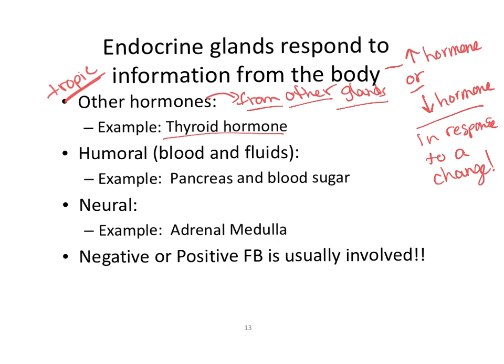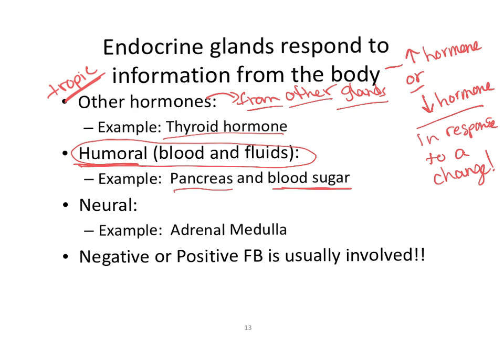Other endocrine glands will respond to things that are changed in your blood. And we call that humoral, because humors is an old-fashioned word that means blood. So blood sugar, okay, sugar's not a hormone, so we can't say it's tropic. Blood sugar causes the pancreas to change what it's secreting.